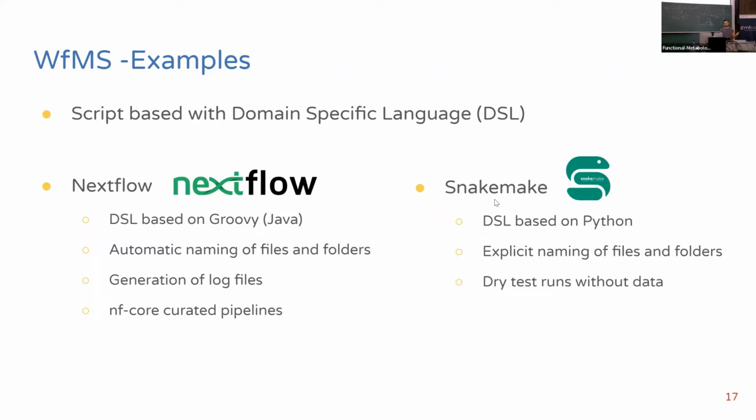So personally, I like to work with Python a lot, so I would be inclined to use Snakemake. But because of the nice functionalities of Nextflow, which we learned about in the last couple of weeks, I want to share it with you.